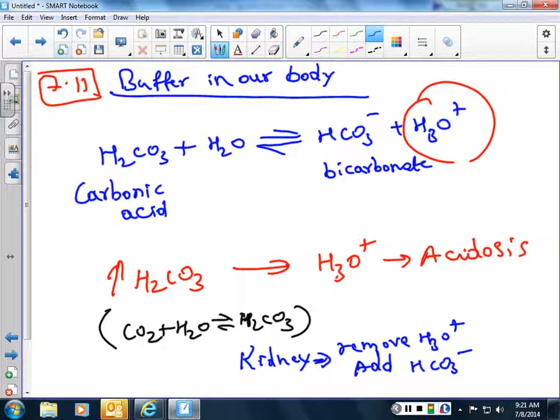So this is the role the kidney plays when you hold your breath. Is it clear what is meant by acidosis? Acidosis means when you are producing more acid.